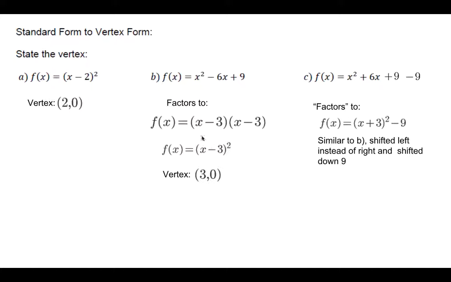And the only way you could put a number here so that when you add it twice, you get the middle number is if you take half of the 6. And so that's why it's a 3. The reason why it's a plus 9 is because after you have the 3, you can square it, you get the plus 9. And so there's going to be this relationship between the b and the c term that actually helps us create vertex form.